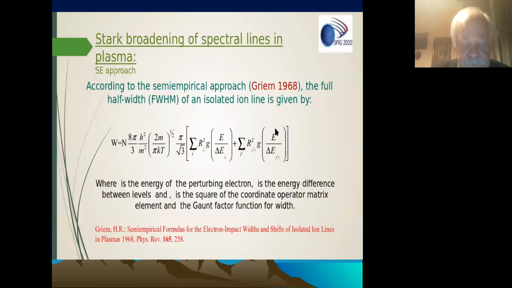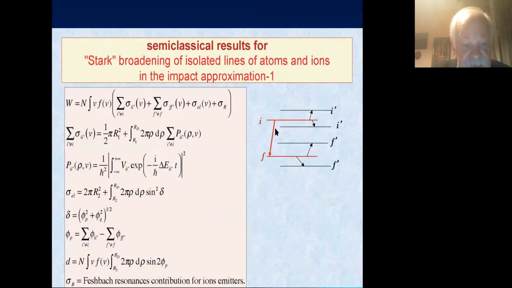So even this formula is relatively complicated to calculate, because you first of all have to solve a lot of collisional problems and then integrate all these.